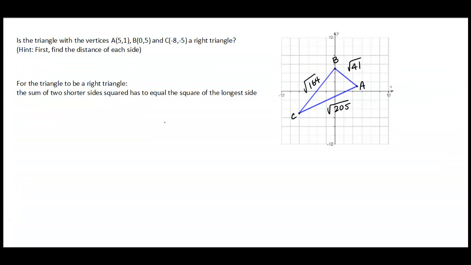For the triangle to be a right triangle, the sum of the two shorter sides squared has to be equal to the square of the longest side.